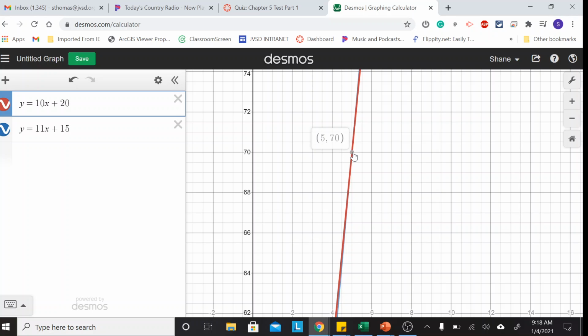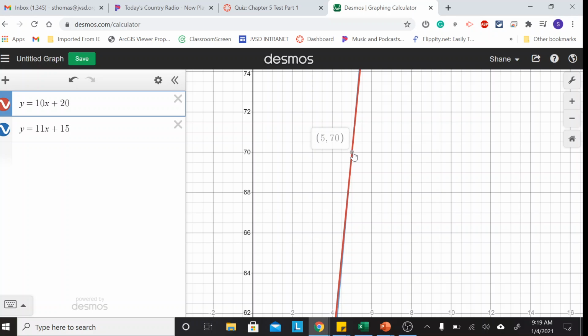Now, here's a bonus question. If after 5 months, you're paying the same no matter which one you choose, which one's cheaper after 5 months? Top one, right? Because if 5 months costs you 70 bucks, according to this one, 6 months would cost you 80 bucks.